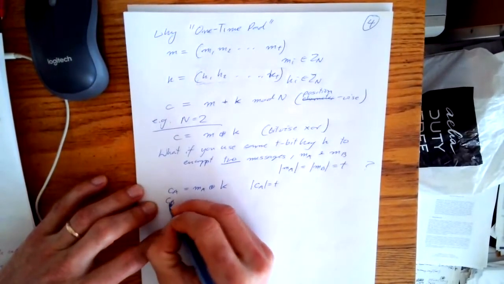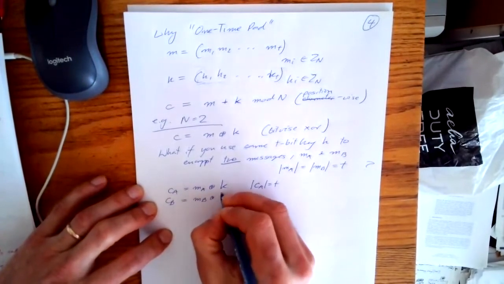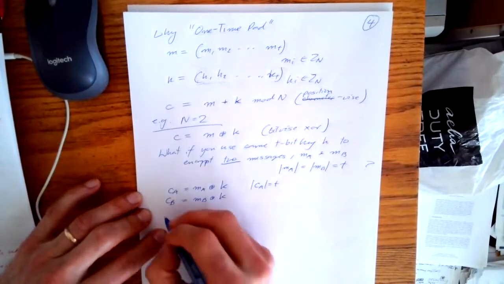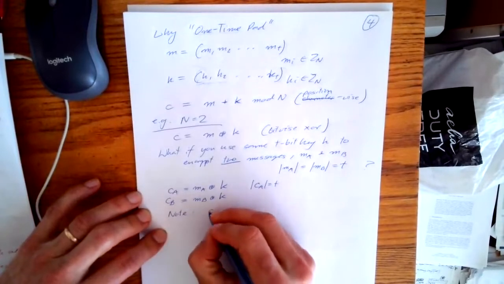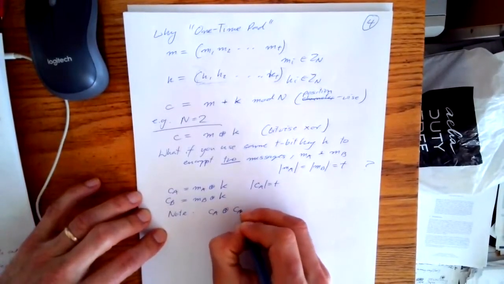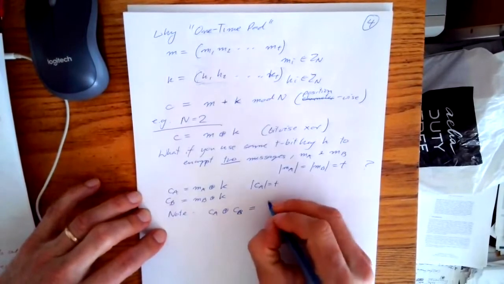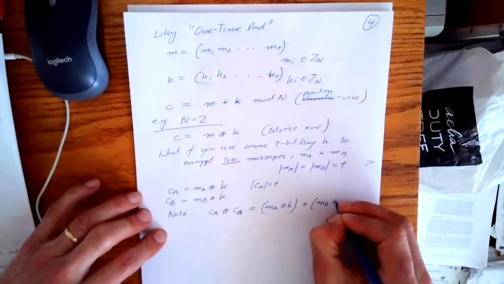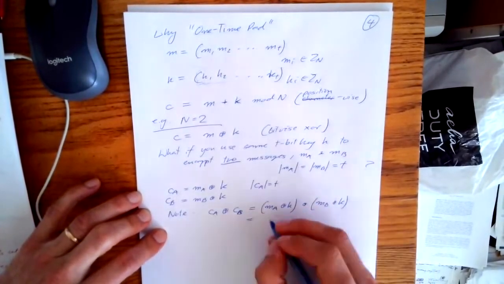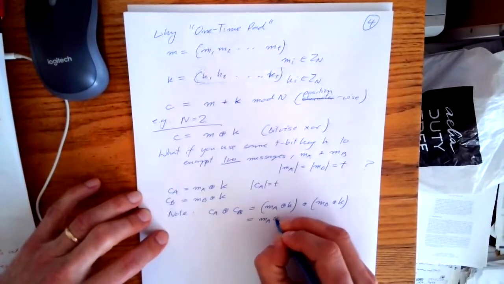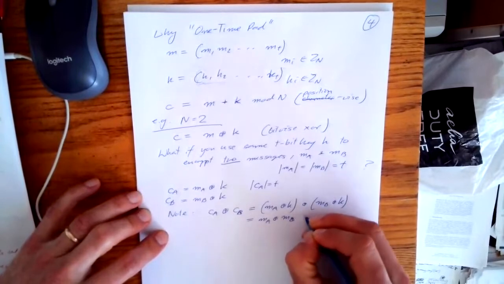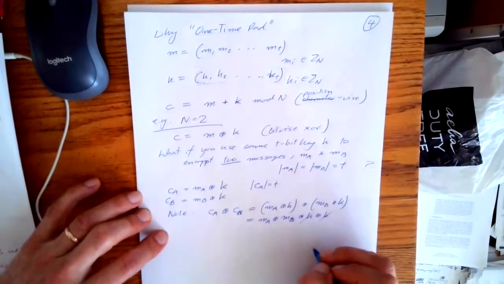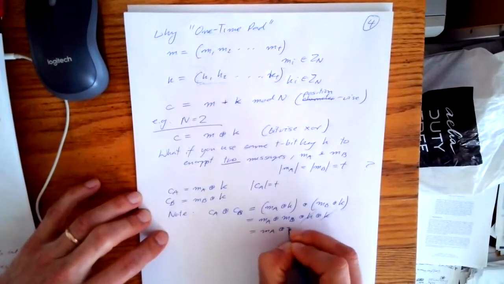So far, so good. But if I reuse this key, then I encipher message MB, like so. Now note that all the adversary needs to do is to take these two ciphertexts and XOR them. Because then this is MA XOR K, XORed with MB XOR K. But by commutativity of XOR, this is the same as MA XOR MB, XOR K, and XOR K again. But this cancels, so this is MA XOR MB.